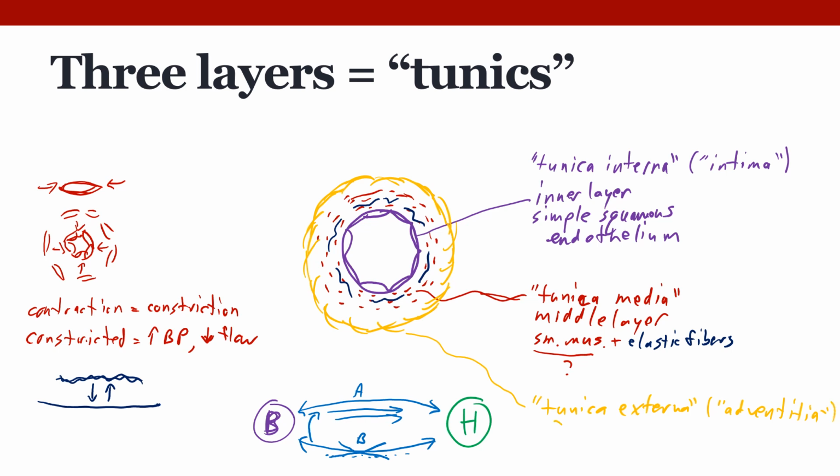And this is made of fibrous connective tissue, and it serves to kind of glue the blood vessel in place. It also has this interesting thing: in large enough blood vessels, there are small vessels in the tunica externa that provide a blood supply for all that smooth muscle. These are called vasa vasorum, literally vessels of the vessel. Blood vessels that feed the blood vessel.